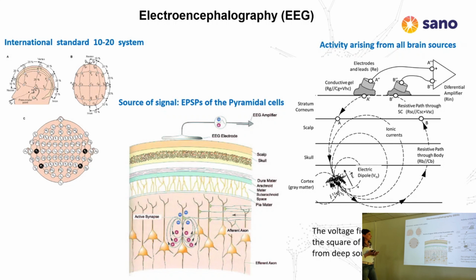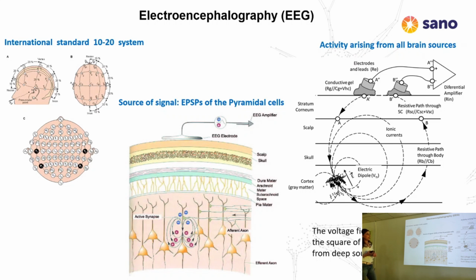The main source of the signal is the extracellular postsynaptic potential of the pyramidal cells, because of their organization in macrocolumns and the synchronization and then summation of their potential.